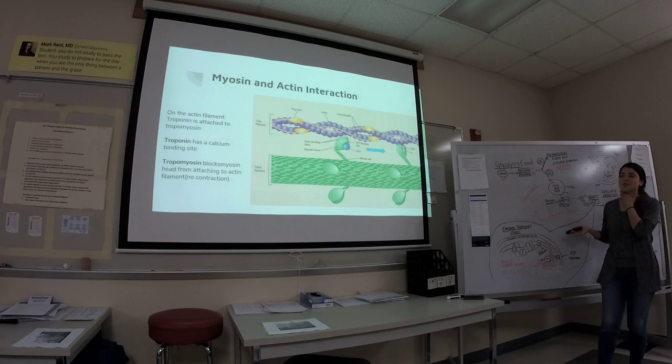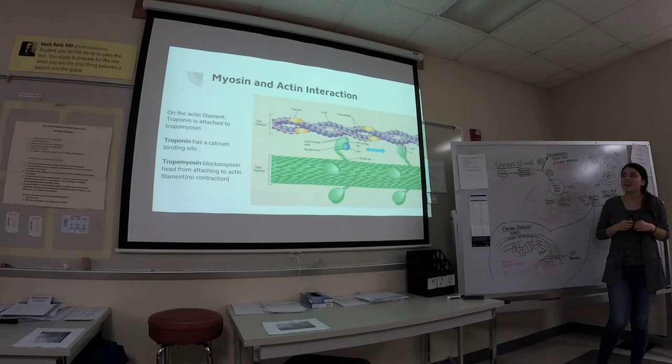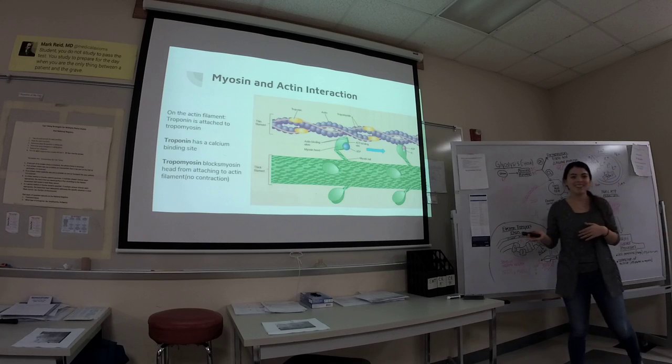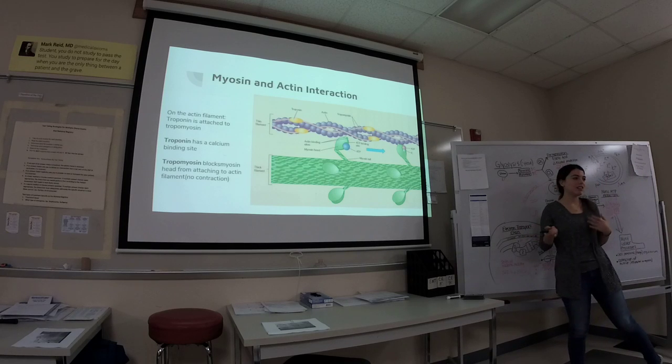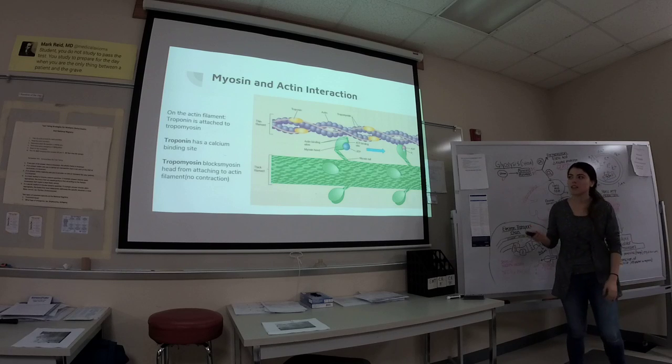Okay, so now this is where we're really going to have to focus because it is a little confusing. I didn't learn this until I was in biochemistry in college, but I think it's a really good idea for you guys to know how muscle contracts more on the molecular side of things.